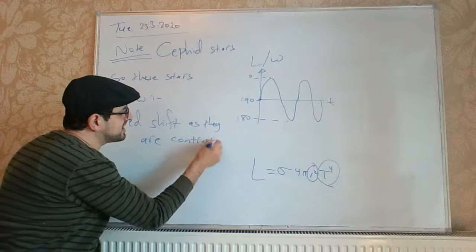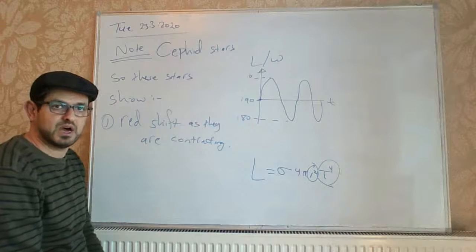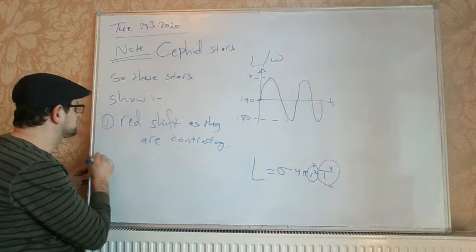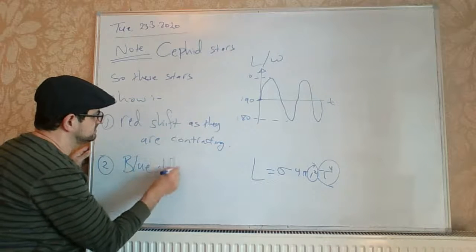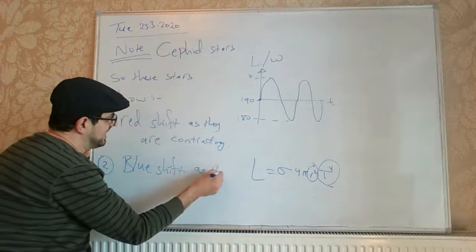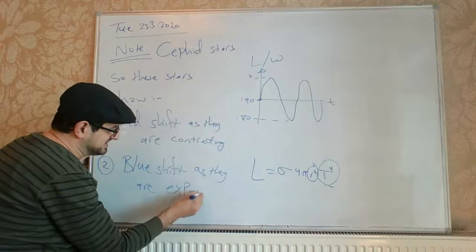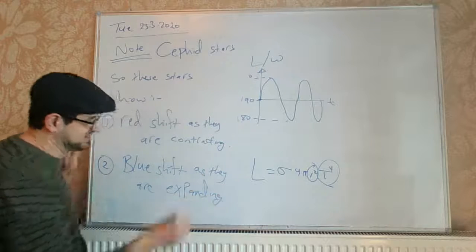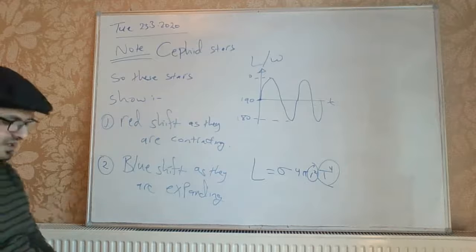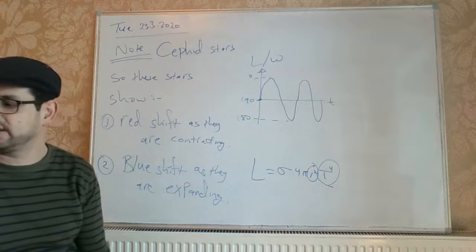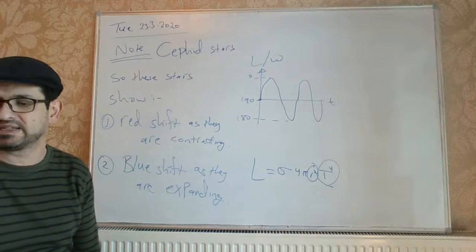When they are contracting, they are going away from Earth. And two, the blue shift as they are expanding. So these two are the difference between the normal stars and Cepheid stars.